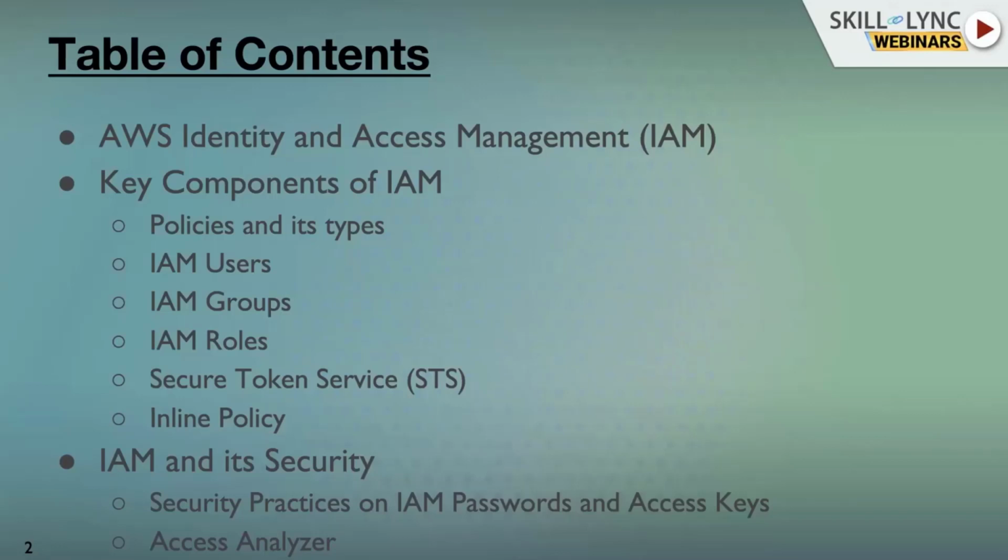As well as if you have any automations or any scripts that need to access AWS services or any resources, we can leverage IAM Role and STS. Right. And then the last part of this presentation will focus on security around IAM. So we'll go over the best practices when it comes to IAM, passwords, how we handle the keys, access keys, and all these things.